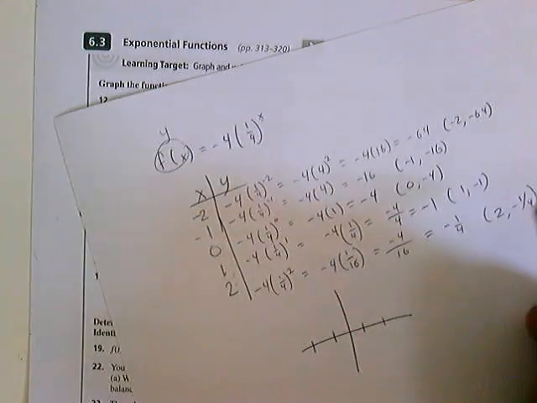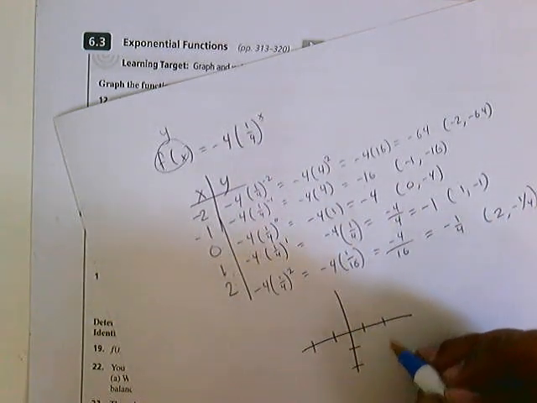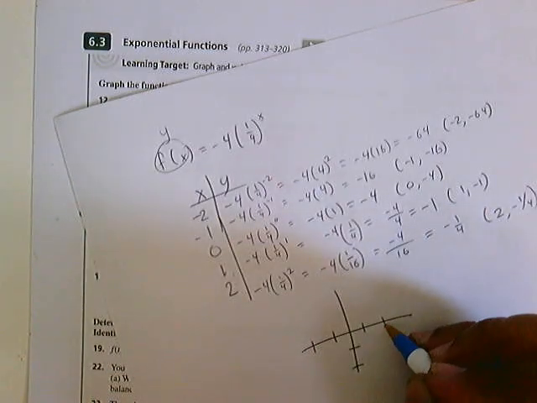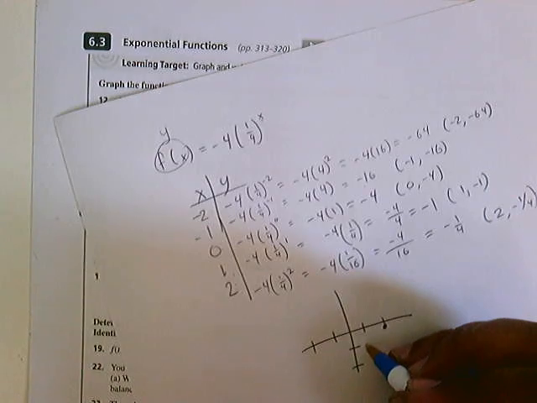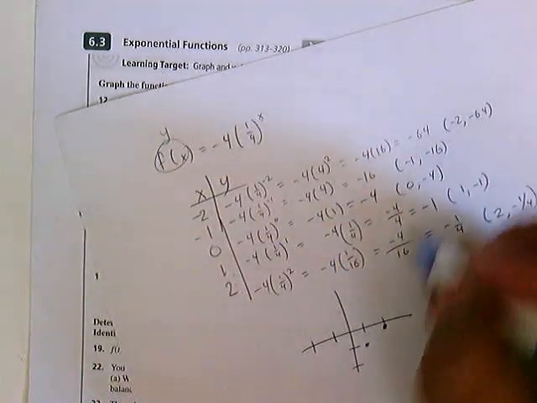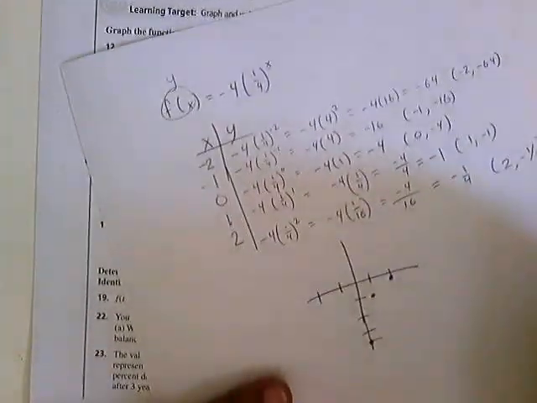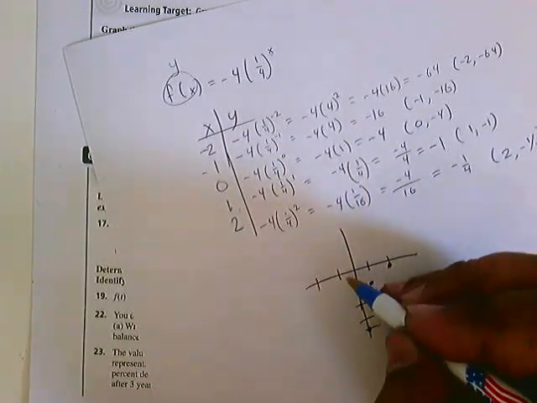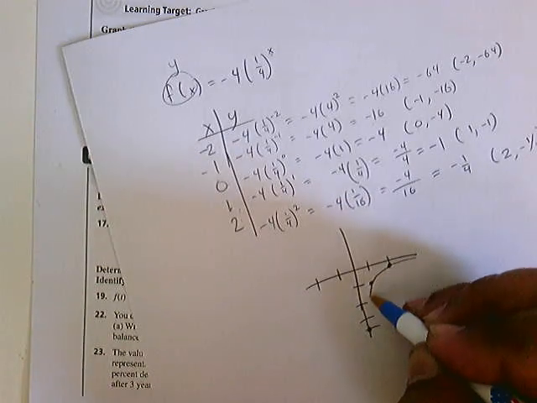But starting at 2, here's 1, here's 2. -1/4 is right here. 1, -1, that's right here. 0, -4, right here. Are you starting to see how this is curving down? -1, -16. This is my curve.